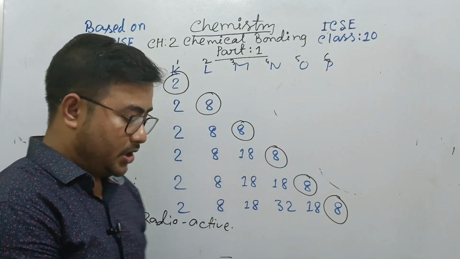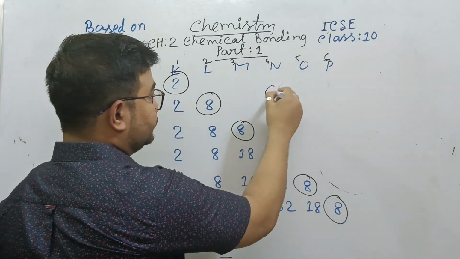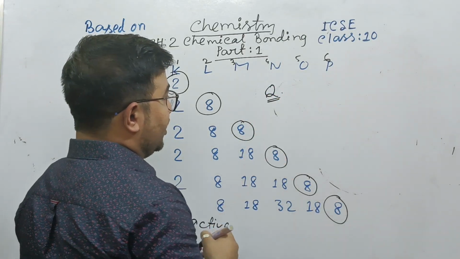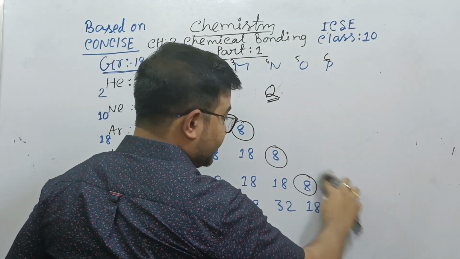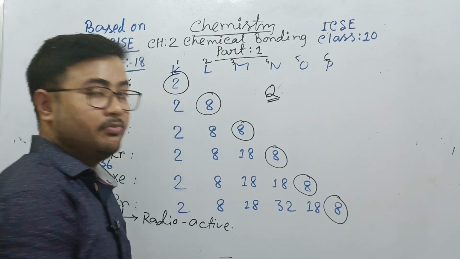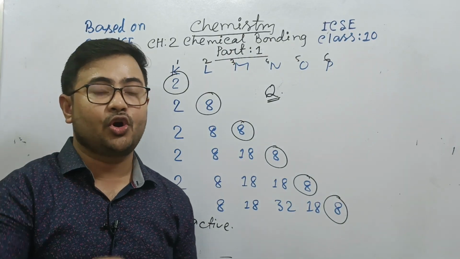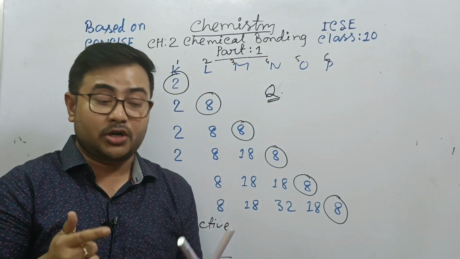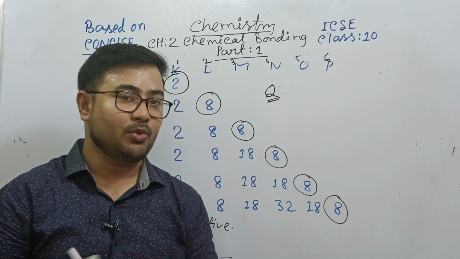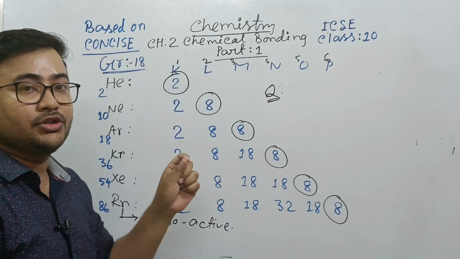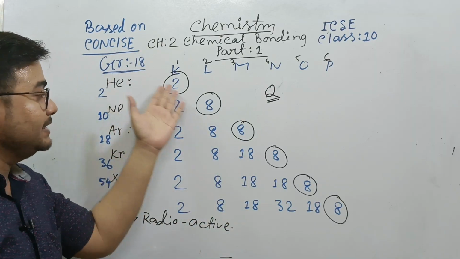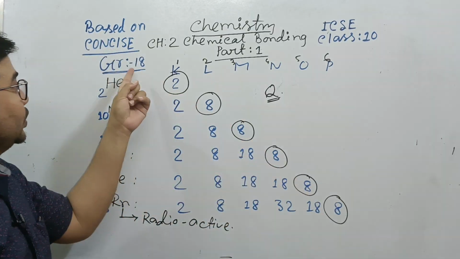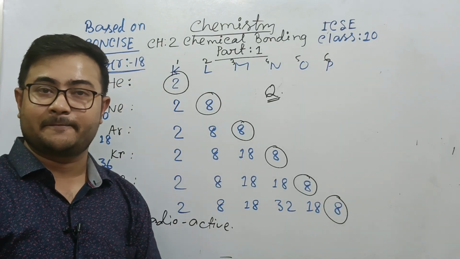Okay, so now my question is, what is the cause of chemical combination? Tell me, one liner answer. What is the cause? The atoms combine chemically. Simple answer, to gain the stability like group 18 noble gases.